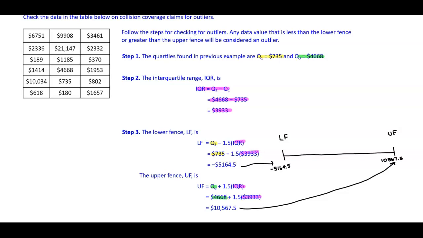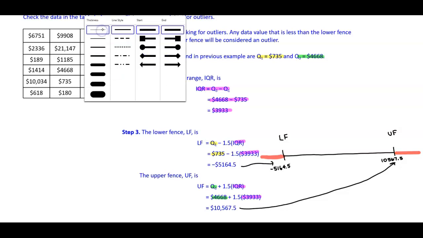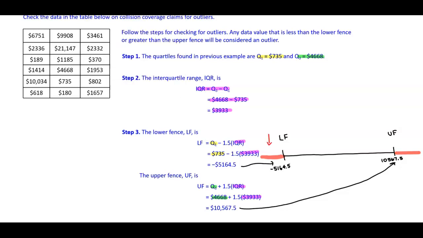Anything outside of this would be considered an outlier, meaning anything that's less than the lower fence, or anything over here above the upper fence, would also be considered an outlier.